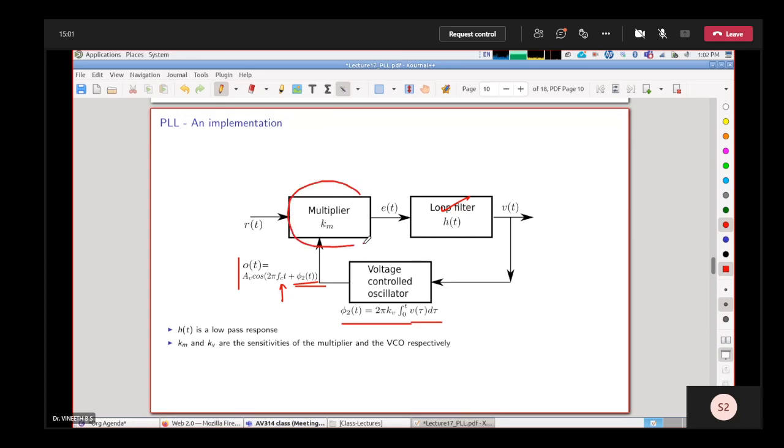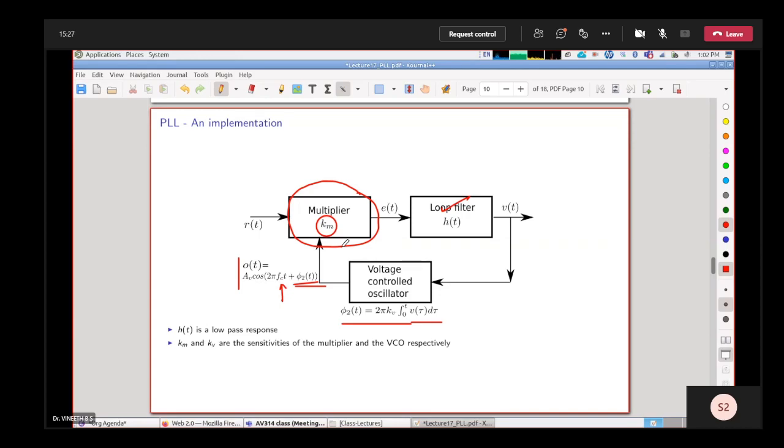Now remember that I had talked about a phase comparator here. The way in which the phase comparator is implemented for us is by a simple multiplier with a gain of Km. There are other ways of doing this. What we are looking at is what is known as an analog PLL. There are also digital PLLs where this is done in a slightly different way.